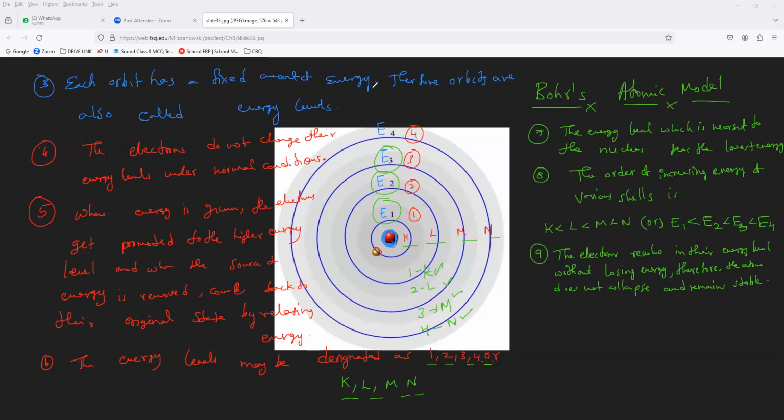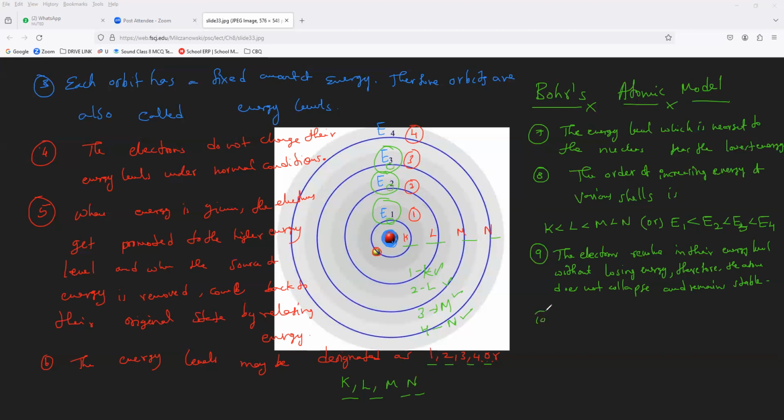Now the next point, the most important point, is about Niels Bohr: the arrangement of electrons. He has also given the maximum number of electrons which we can arrange in each orbit.